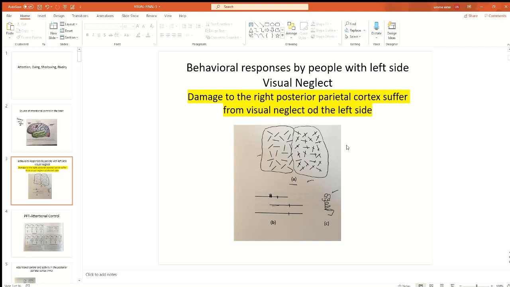So he didn't complete drawing this side, so part of the left is undone. So you can see what can happen due to lesion in the posterior parietal cortex. That clearly indicates that posterior parietal cortex is heavily involved in attention, visual attention.